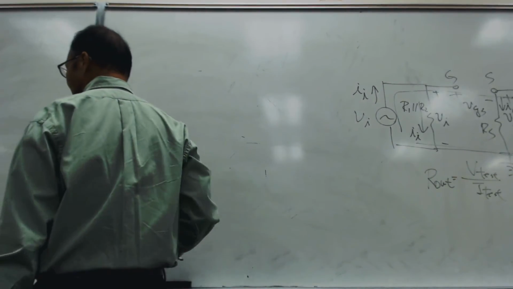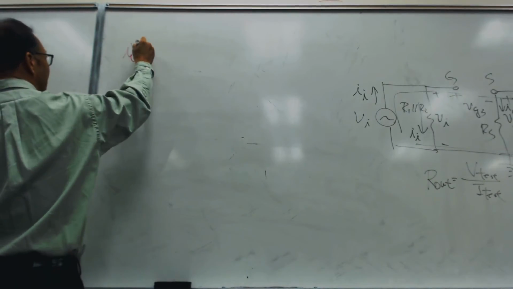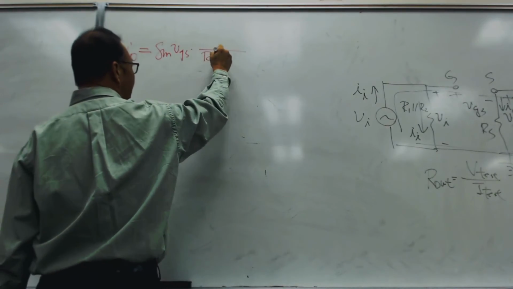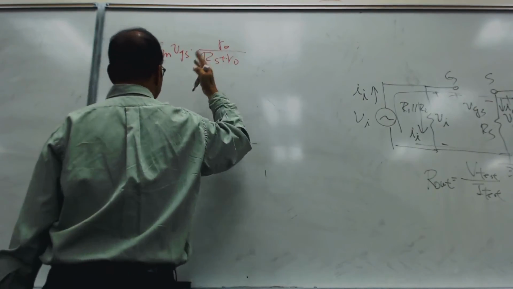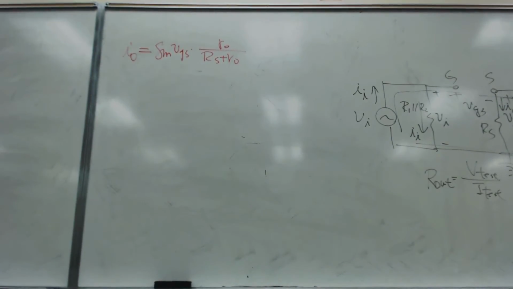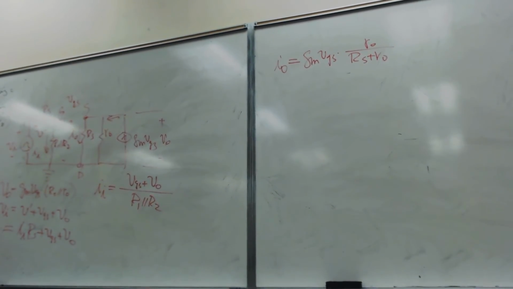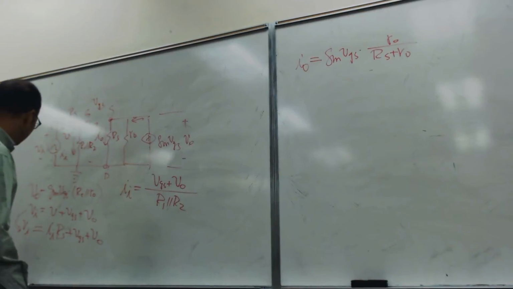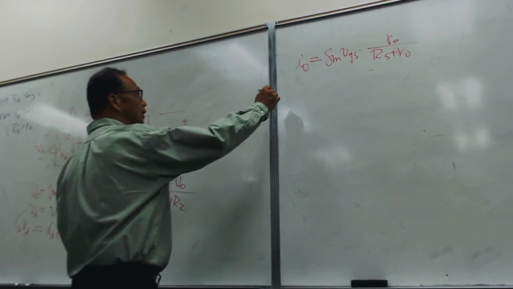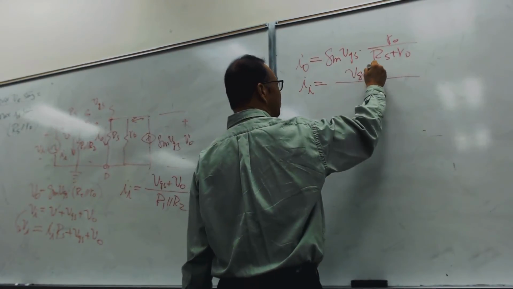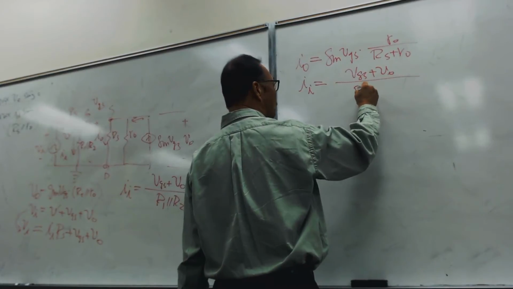Basically, I sub O is equal to gm VGS times R sub S plus R sub O. That's the current going through here, which is I sub O. All I did was use the current divider rule. And I sub I is given here already: VGS plus V sub O over R1 in parallel with R2.